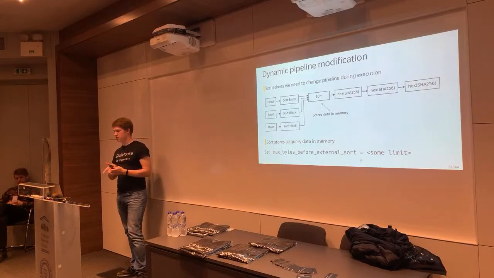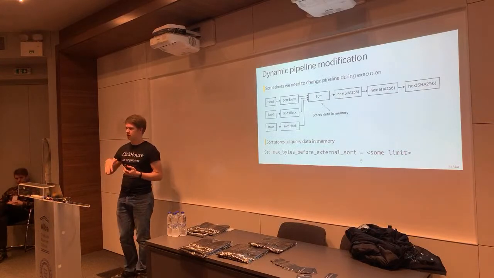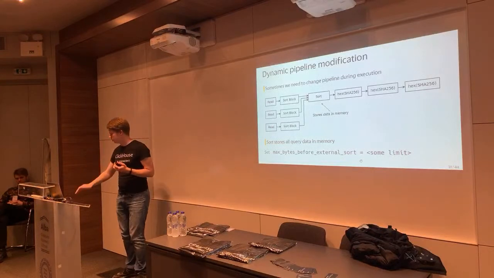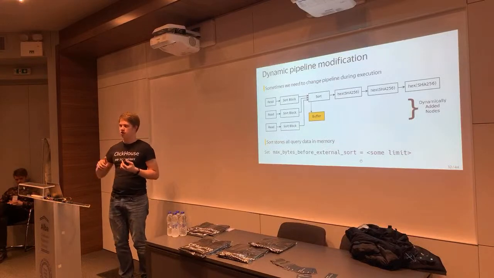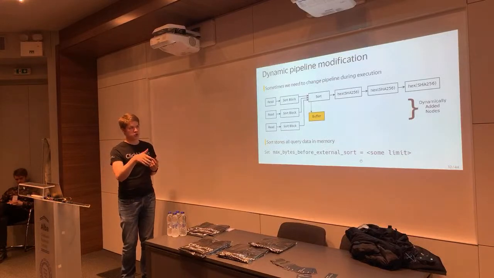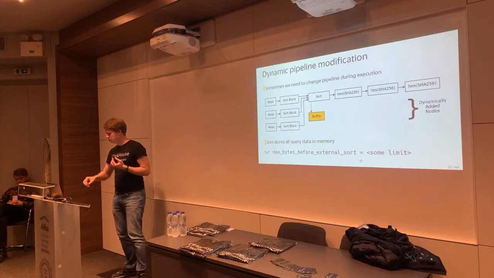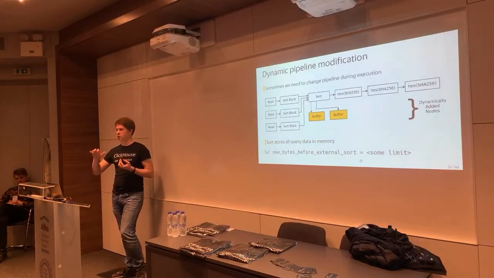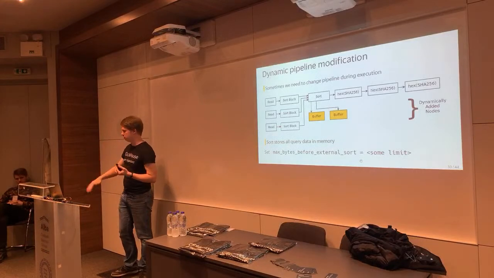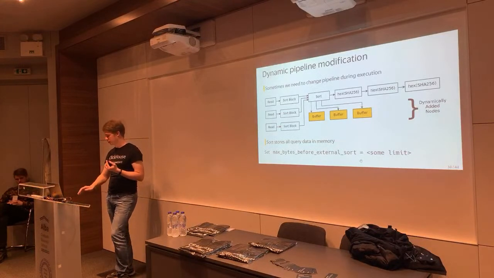And if we enable the setting, when you run out of memory, ClickHouse will do a nice thing. It will spill data on disk. And it will create an extra step which buffers the data. It spills data, and now you can continue executing. You sort another part of data, again run out of memory, spill it on disk, and do it several times.